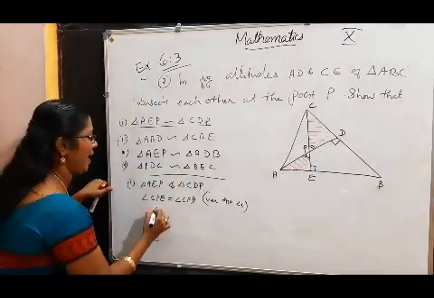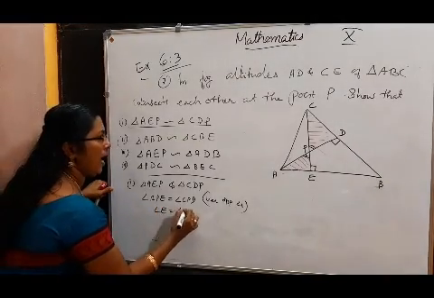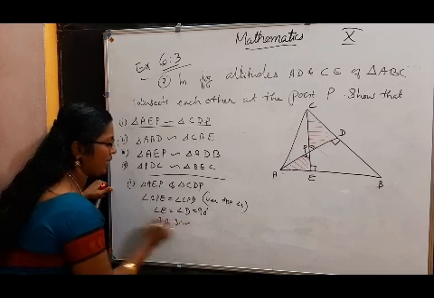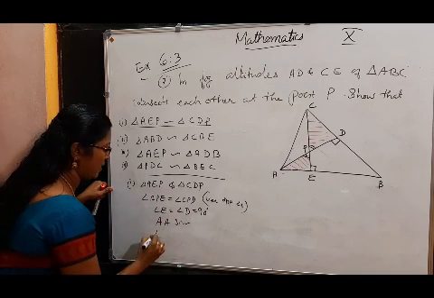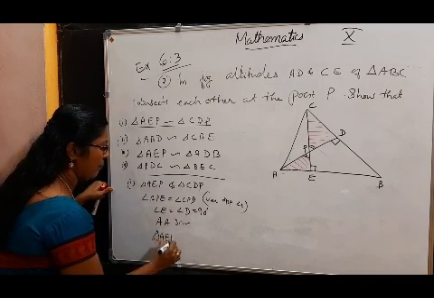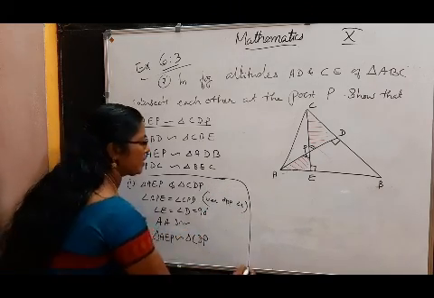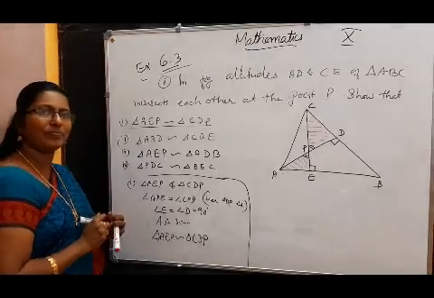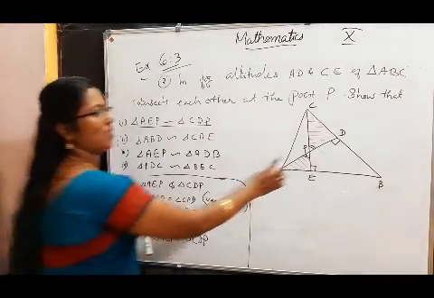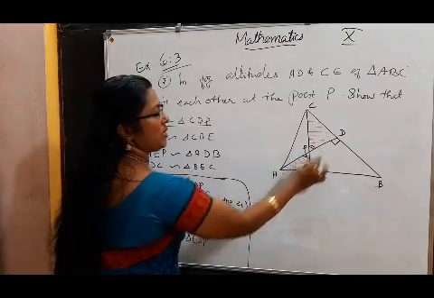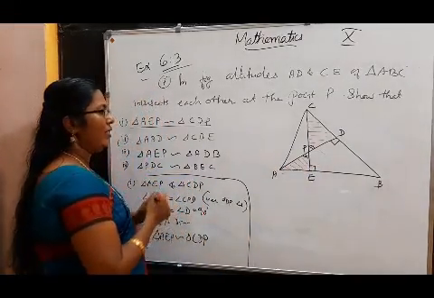Yes, 90 degrees. Angle E equals angle D equals 90 degrees. By AA similarity criterion, these two triangles are similar. Triangle AEP is similar to triangle CDP. That is the answer to the first one. Okay.